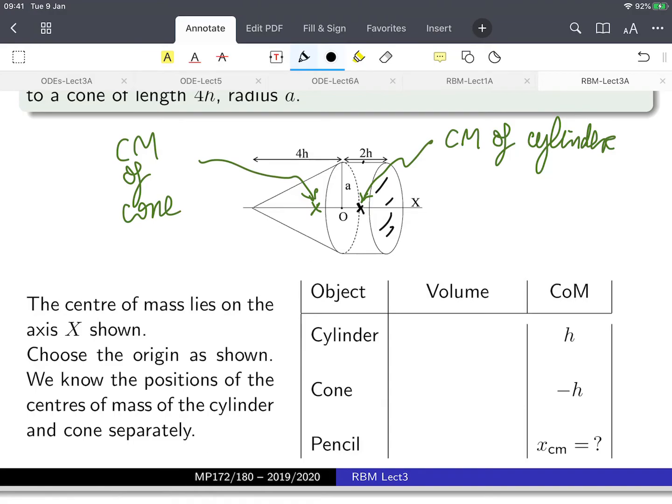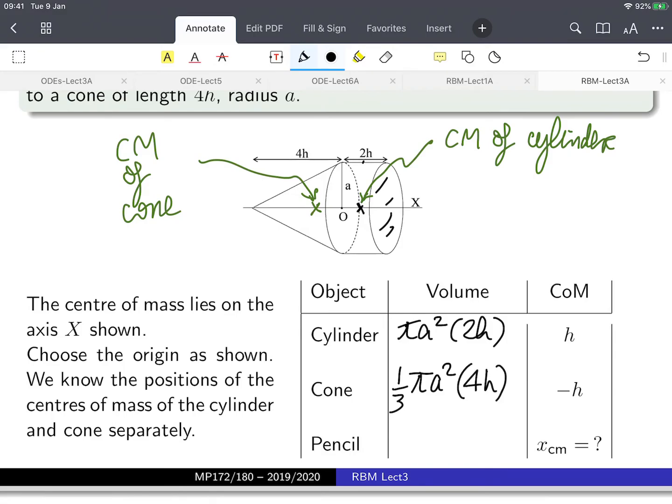A is the radius, so it's pi a squared times the height, which is 2h. Volume of the cone, that's in the book as well: 1/3 pi r squared, where the radius is a, times the height, which in this case is 4h.